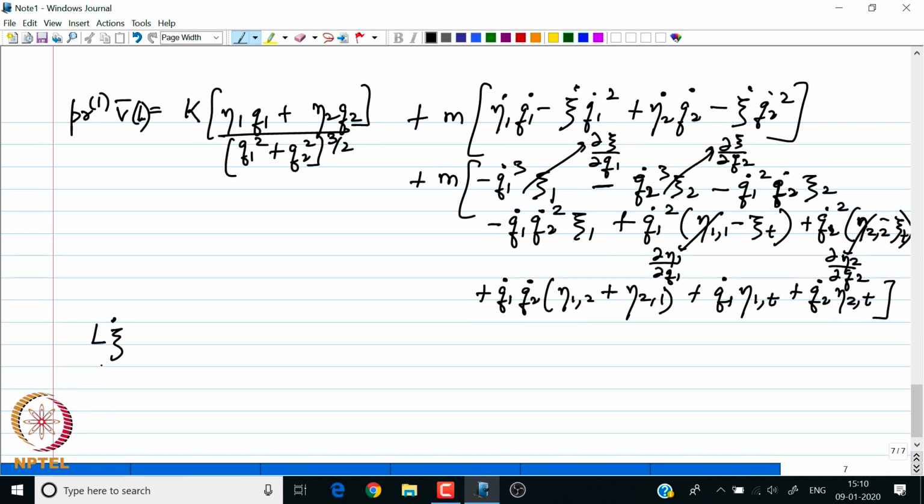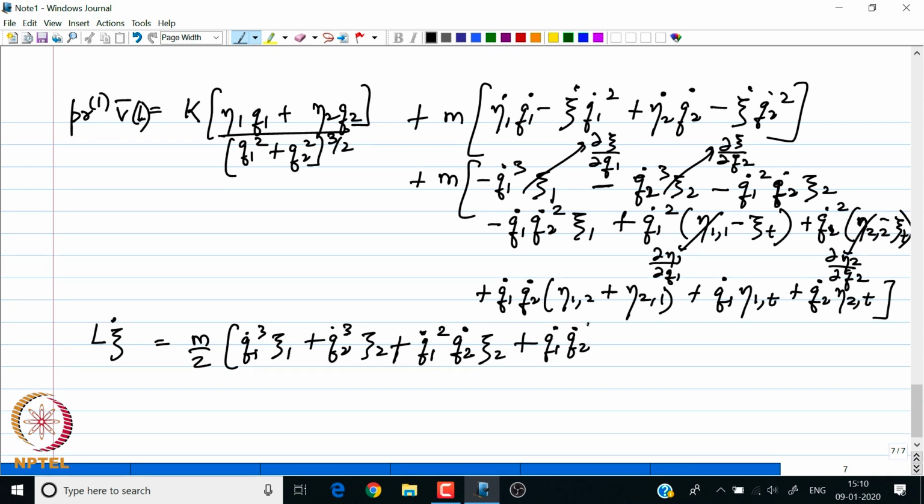This is also equal to m by 2 times the following terms after multiplication: q1 dot cube xi 1 plus q2 dot cube xi 2 plus q1 dot square q2 dot xi 2, plus q1 dot q2 dot square xi 1, plus q1 dot square xi t plus q2 dot square xi t.